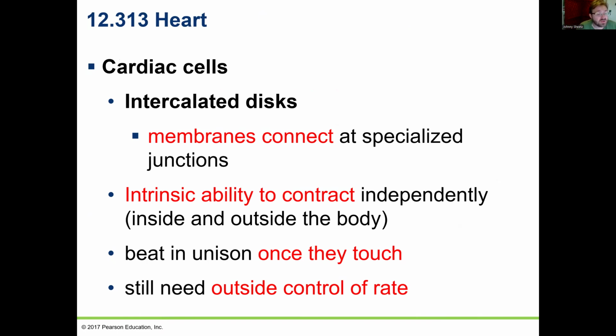So they're going to synchronize, but they still need some sort of outside input to actually control the rate of contraction. So the individual cells can contract, but they need something from the outside to tell them how fast to do it.